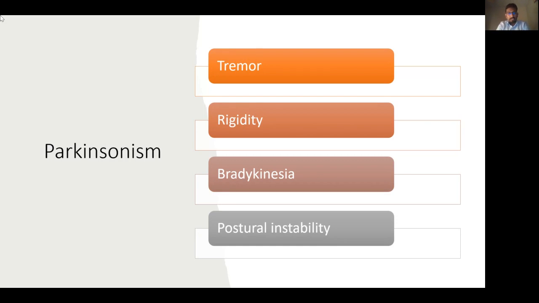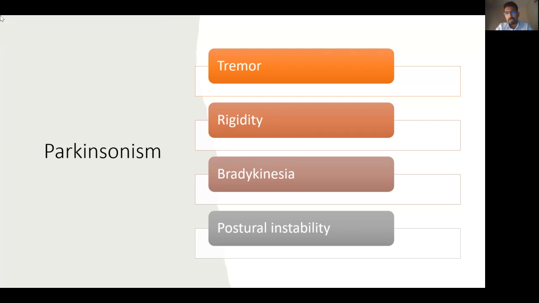Now, first things first, Parkinsonism. Please note that I'm not talking about Parkinson's disease, it's Parkinsonism instead. What does it mean? Parkinsonism is an umbrella term to describe a group of conditions which present with the cluster of symptoms shown on the screen.